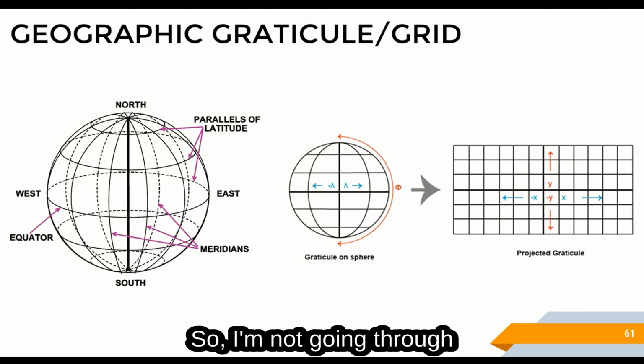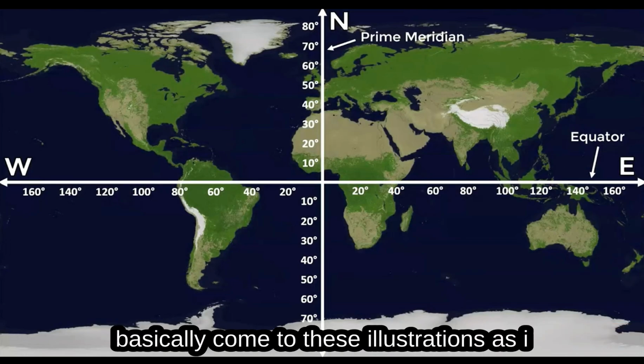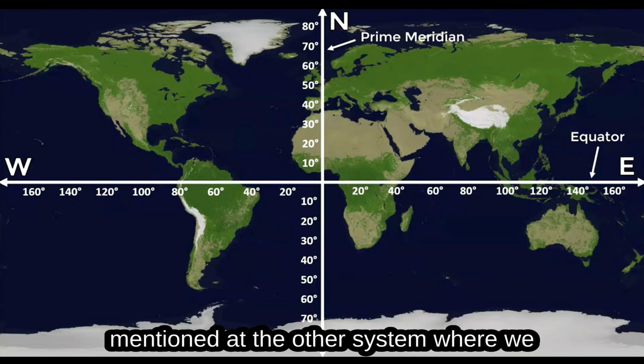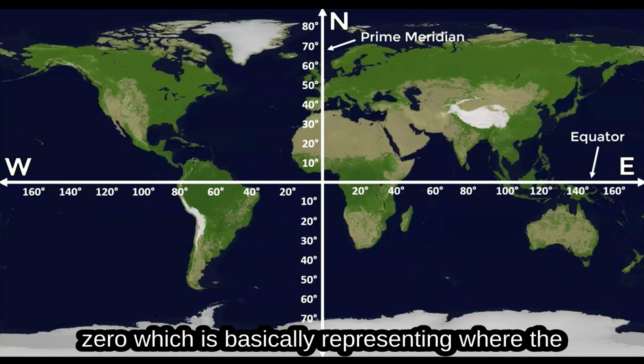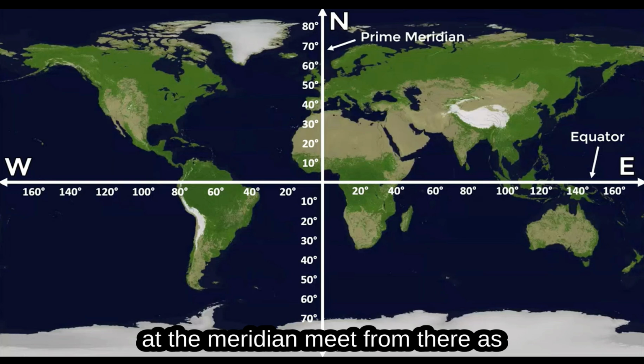I'll not go through all of these, but want to come to these illustrations. As I mentioned, the other system is where we look at 0, 0, the center, which represents where the equator and the meridian meet.